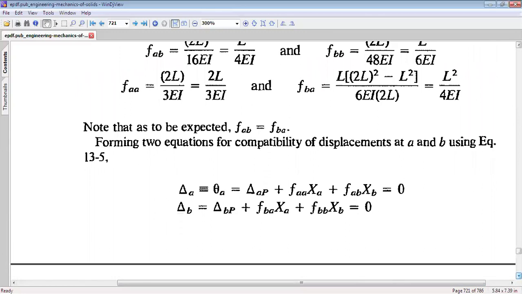Now the compatibility of displacements at A and B gives us delta AP plus fAA XA plus fAB XB equal to 0, and delta BP plus fBA XA plus fBB XB equal to 0. In these two compatibility equations, the only unknowns are XA and XB, which can be easily found out by mutual substitution in these two equations.